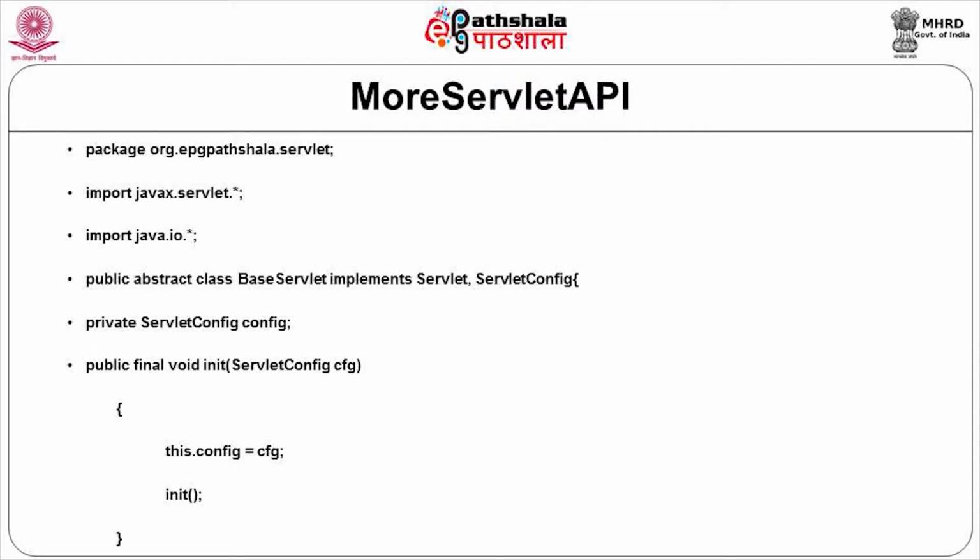We can keep it in the package called org.epgpathshala.servlet. What we will need, similar to what was done in the HelloServlet, are the same import declarations: import javax.servlet.*, and another import, import java.io.*. Those two things will be needed.